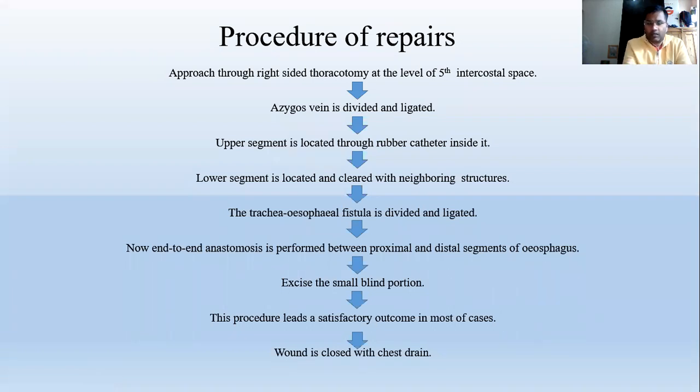Usually the procedure is done under general anesthesia, and the tube is inserted through the mouth into the esophagus, in the proximal segment.